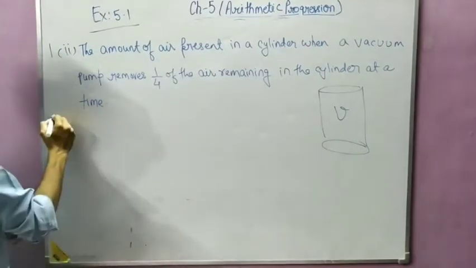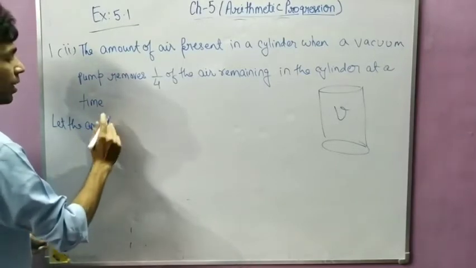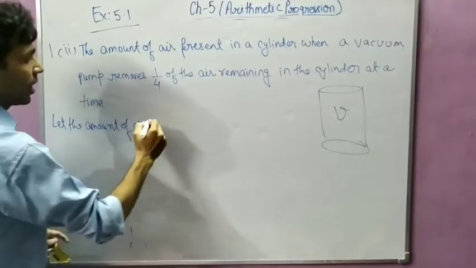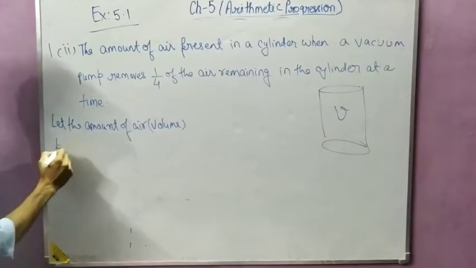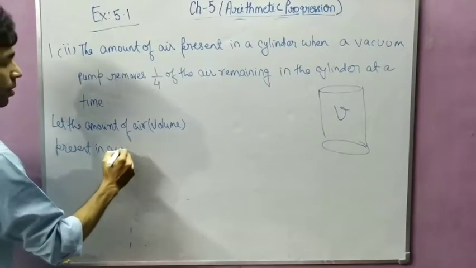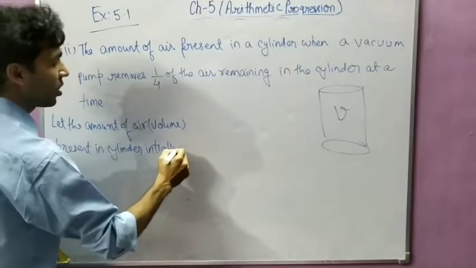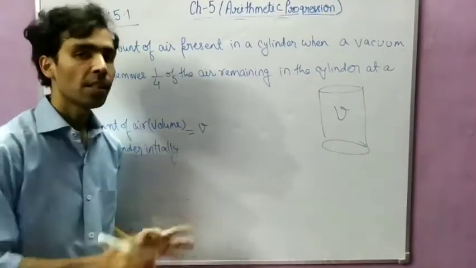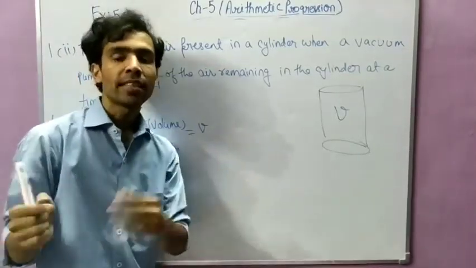So let the amount of air, that is volume, present in the cylinder initially, in the starting, be V. Suppose that much volume is present in the cylinder initially, and when the vacuum pump operates, it reduces 1/4 of the volume.